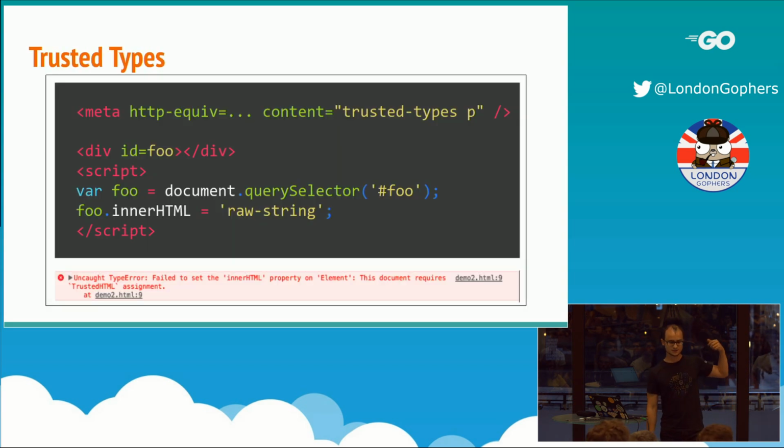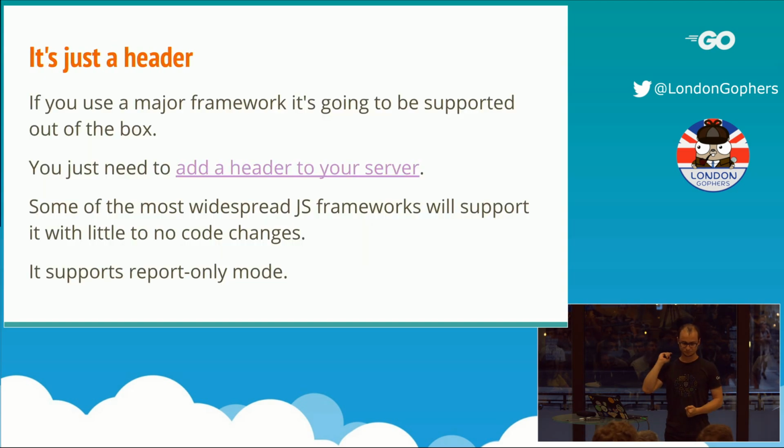And this is an example. So I just try to set a string to inner HTML. That is the exception. This is already in Chrome, I think, beta or Canary, but it will land in stable soon. Just a header. Should be fairly trivial to do this server-side.